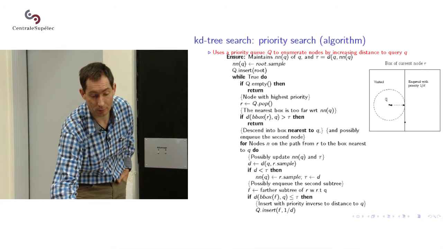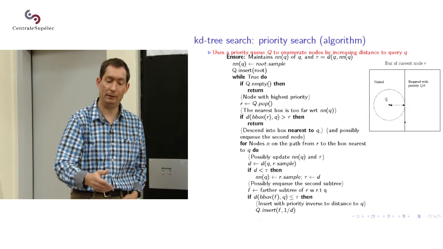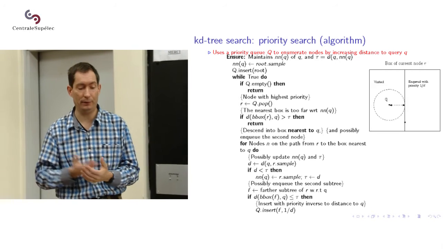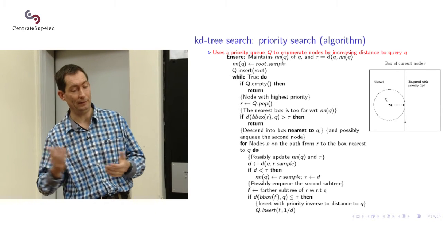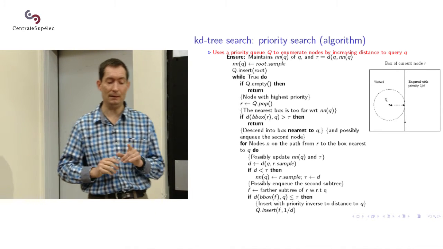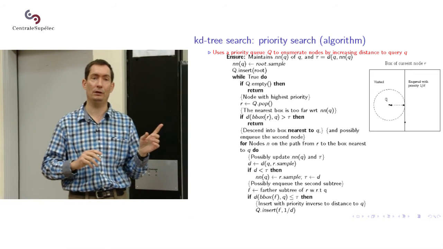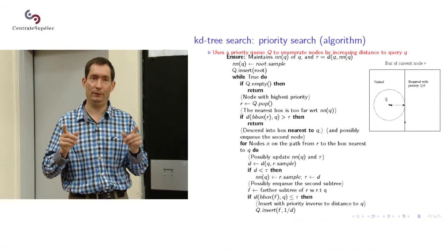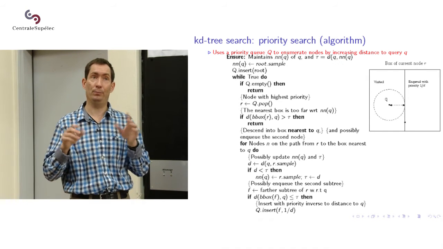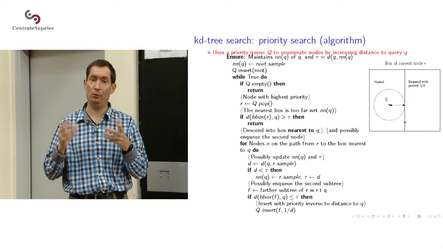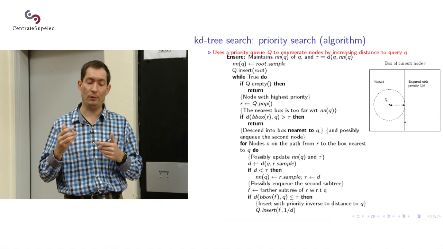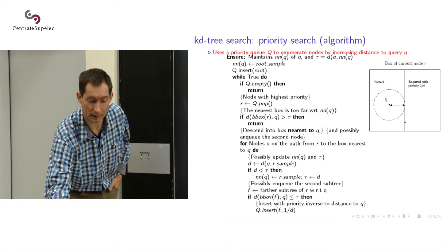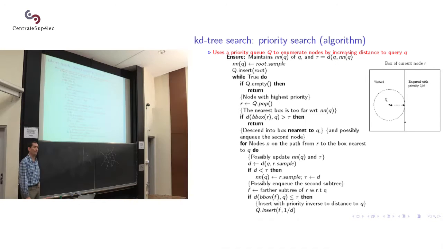But again, there is this problem which we already described two or three times. If your nearest neighbor is sitting on the other side of the fence, then you should also visit this box. And so the idea here, as opposed to the previous strategy, is the following. By default, do not visit this tree. Instead, put this node into a priority queue with a priority which is the distance between Q and the cell, right?